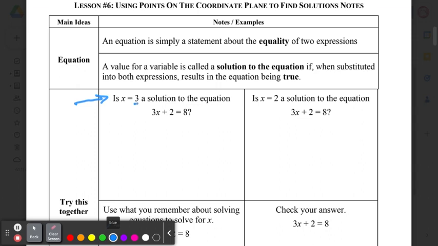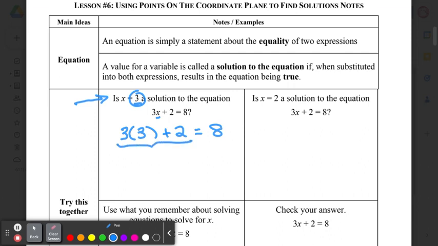So what I'm going to do is take this possible value and substitute it into this equation. Remember, 3x means 3 times x. So I'm going to do 3 times x, which is our 3, plus 2 equals 8. I am not solving. I'm just checking to see if this is a solution.